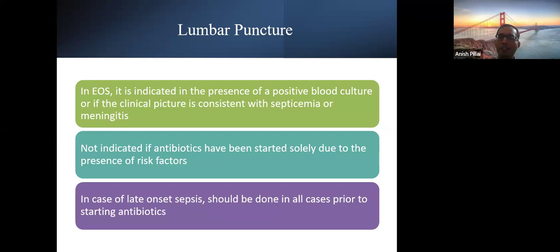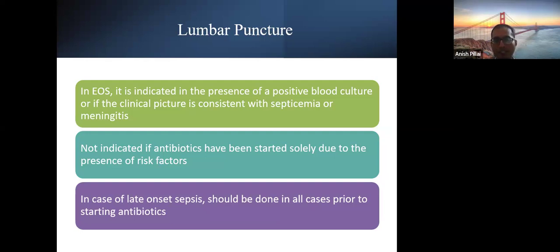Okay. So for late onset sepsis, the incidence of meningitis is higher. So prior to starting antibiotics, it is always recommended that you do a lumbar puncture. For early onset sepsis, you have an option that if the culture is positive, you can do a lumbar puncture. If the culture is negative, then maybe avoid. But again, nowadays, if it is early onset sepsis, culture negative, but the clinical picture was like a severe sepsis, we do lumbar puncture.